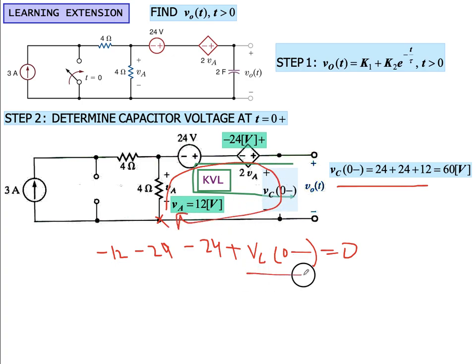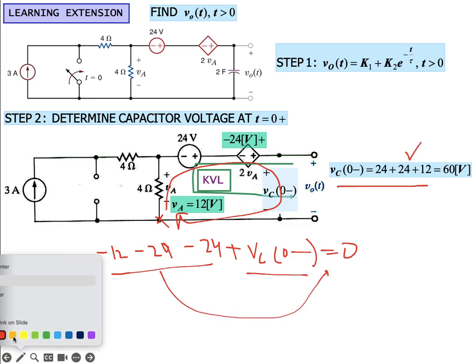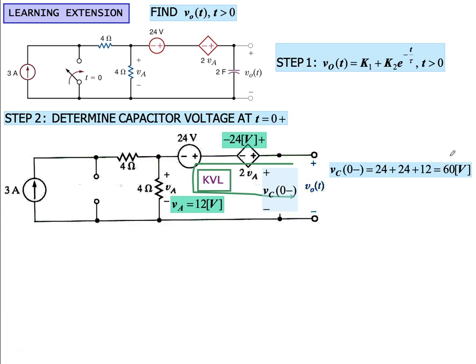If we keep this on this side and take these values on the other side, we will end up with this expression. You can try it yourself. In this case, v_C(0-) is 60 volts, which is the same as v_C(0+). So we have got the initial condition, and we know its value is equal to K1 plus K2. We have already seen it in the previous examples.